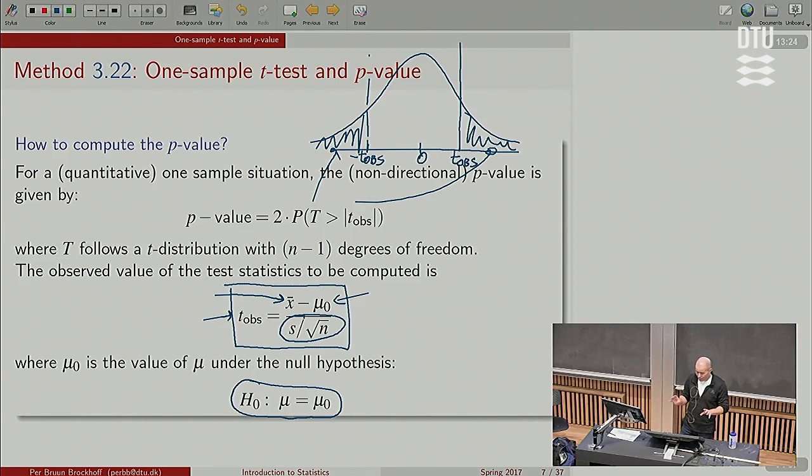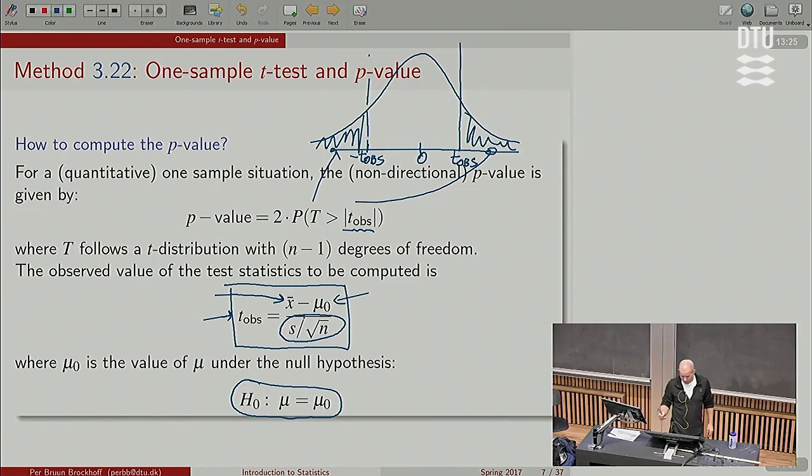It's the probability to go beyond the discrepancy that I've seen, right? I've seen 1.67 in the mean, and then I standardize it. And then I ask myself, how likely is it to go to that extreme given the null? And then to be formal about it, we would have to say to go to that extreme or even further away. That's the p-value. The probability to go beyond the observed standardized difference, which is called the observed t-test statistic.